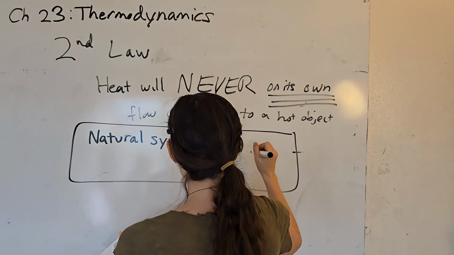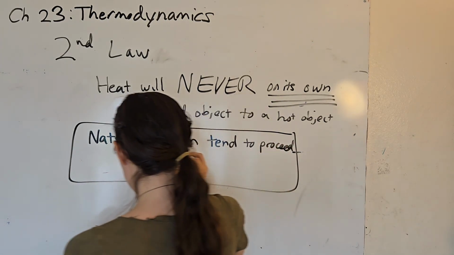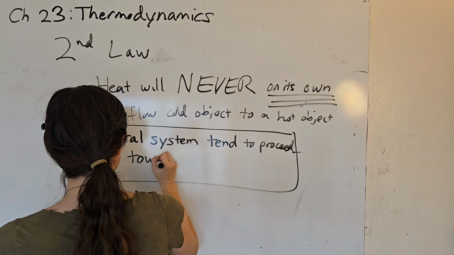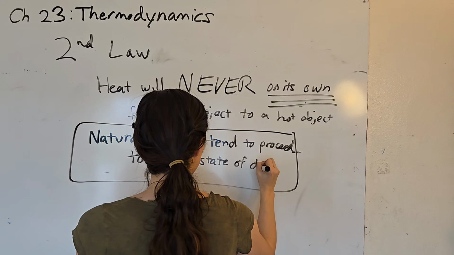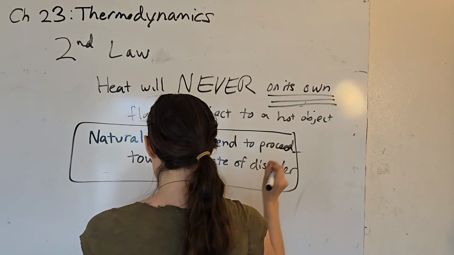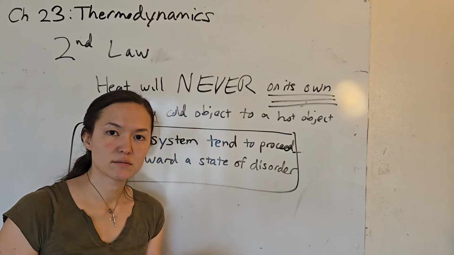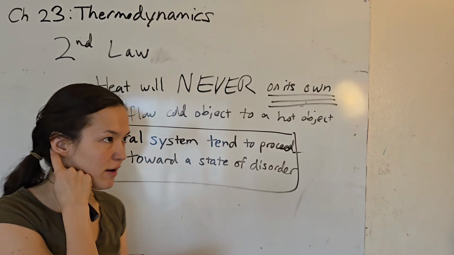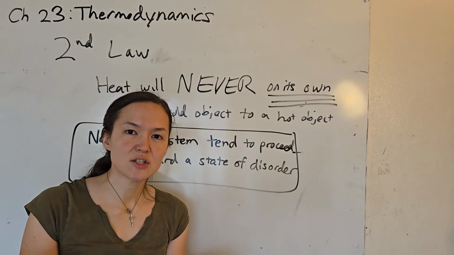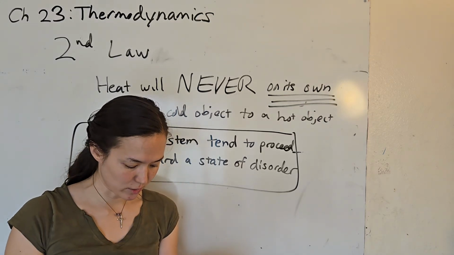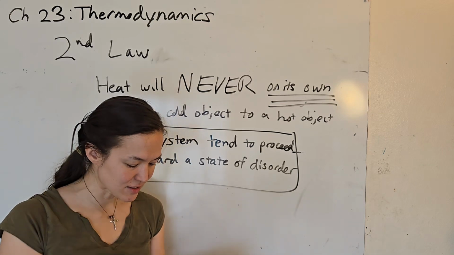Natural systems tend to proceed toward a state of disorder. Everything loses order. I mean, you know this, if you've ever had kids in a room and they mess it up, you throw them on the floor over time. Things tend toward a state of disorder. They don't spontaneously become more ordered. They become less ordered over time.